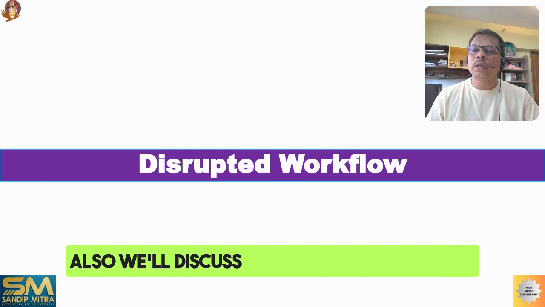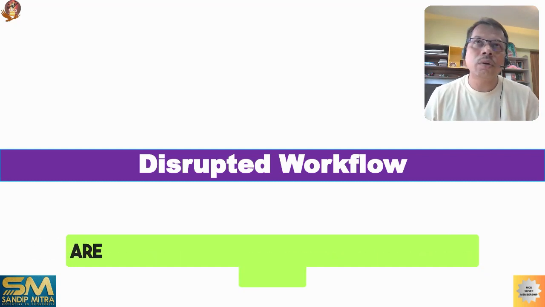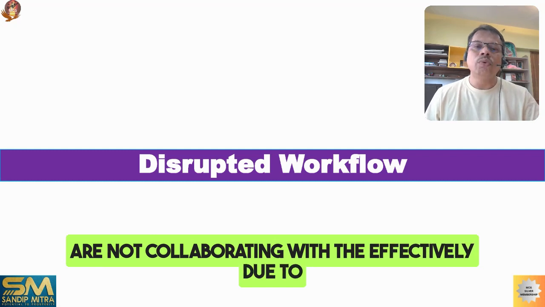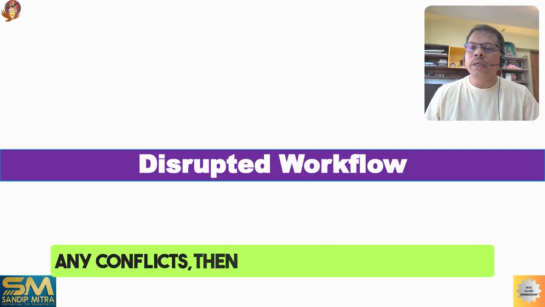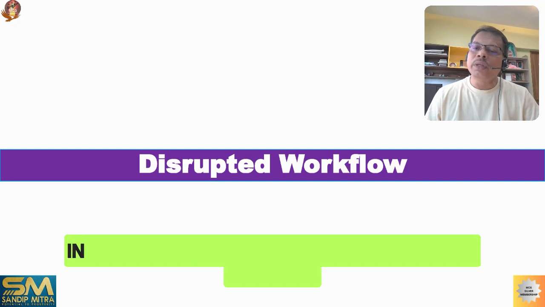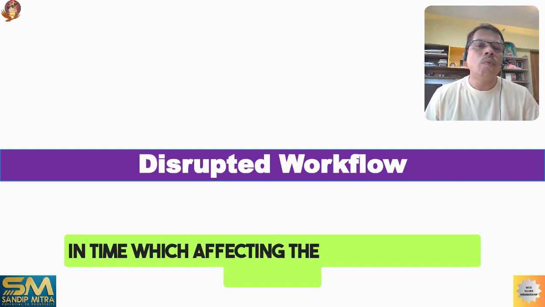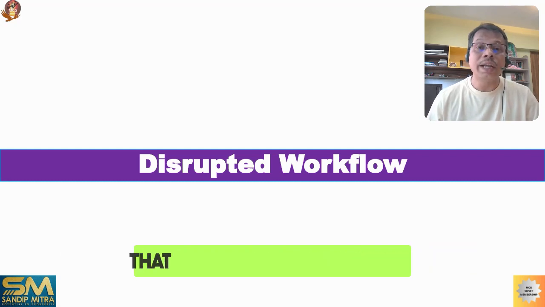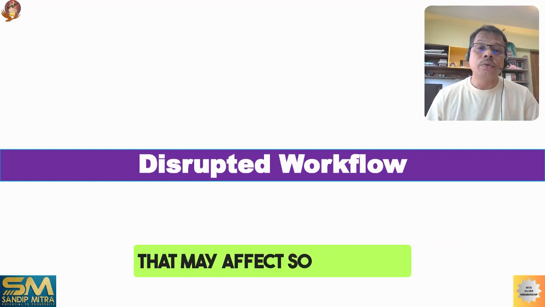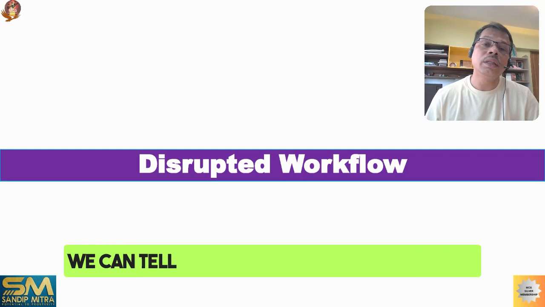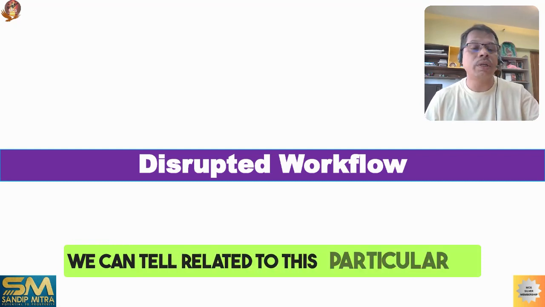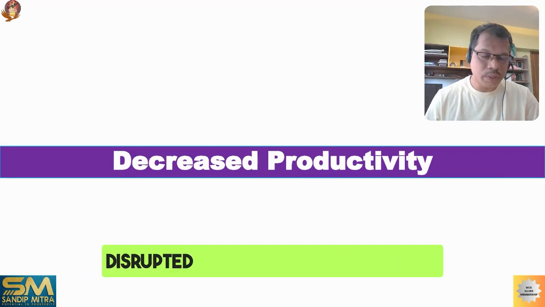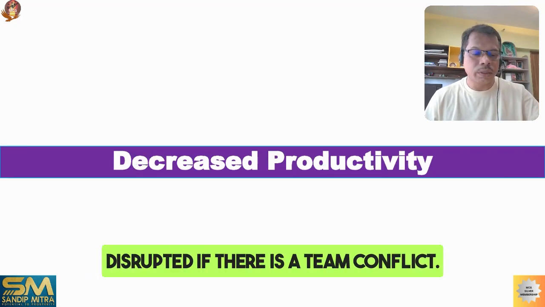And when team members are not collaborating effectively due to conflicts, then tasks may not be completed in time, which affects the overall project schedule. So what is the baseline schedule that may be affected? Majorly we can say that the workflow of the project will be disrupted if there is a team conflict.